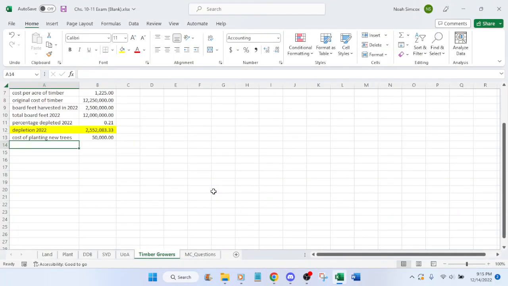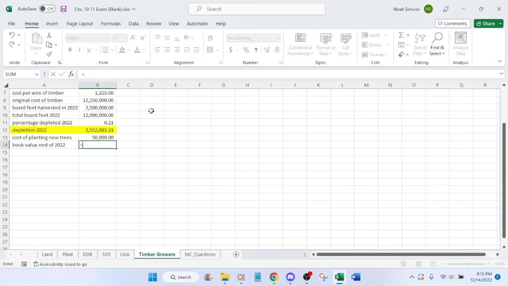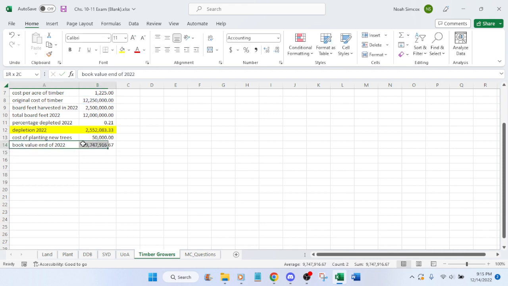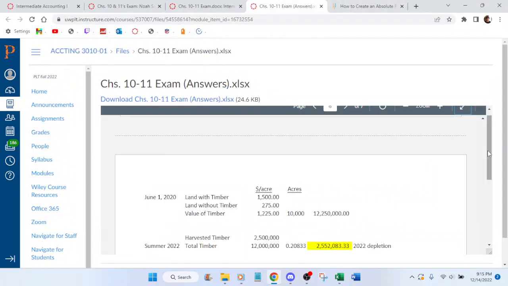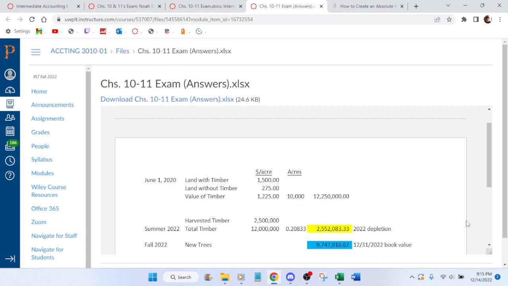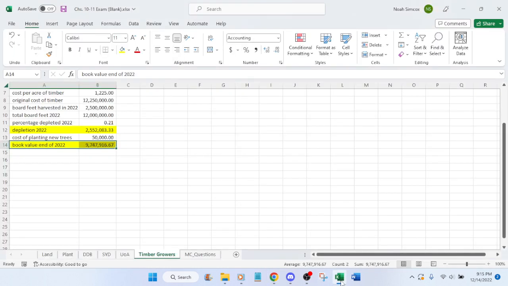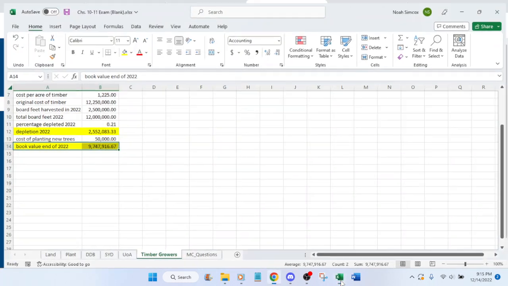So book value end of 2022 is equal to this minus this plus this, and we ended up with 9,747,916.67. Okay, so we have 9,747,916.67. I got the right answer. Good for me.